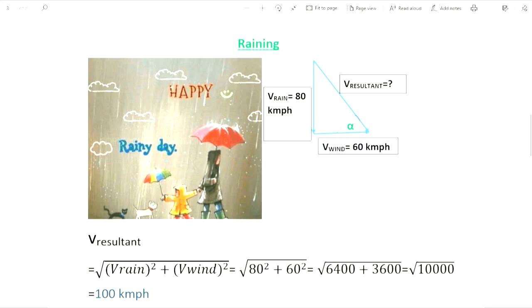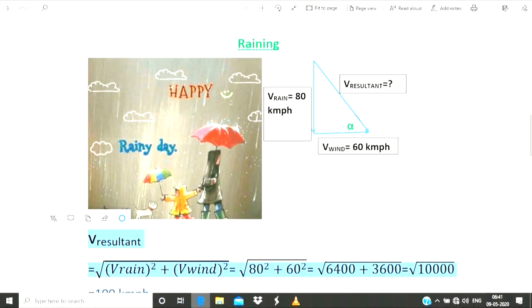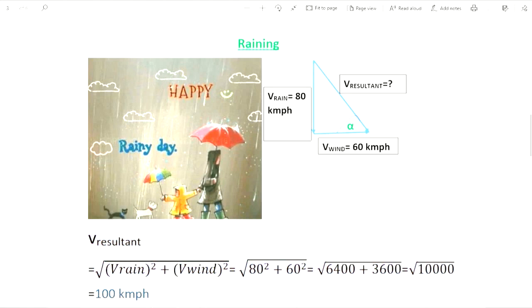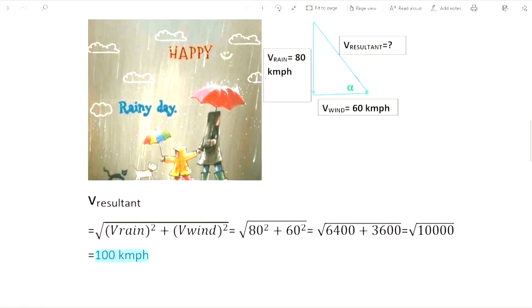Now V resultant is under root V rain squared plus V wind squared. It means rain velocity and wind velocity are perpendicular. Now I am simply applying the Pythagoras theorem here. So the resultant is under root 80 squared plus 60 squared, that is under root 10,000, and it is equal to 100 kilometer per hour.